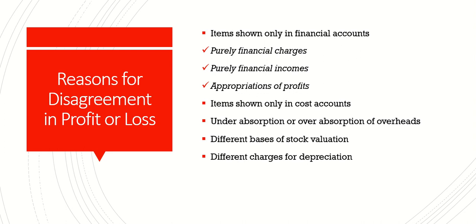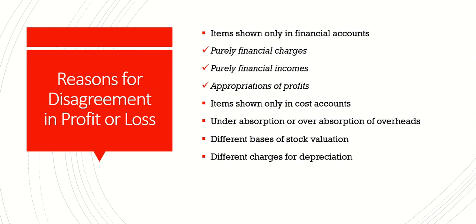The third reason is under absorption or over absorption of overheads. Overheads are your indirect expenses. In cost accounts, overheads are recovered at a predetermined rate, whereas in financial accounts these are recorded at actual cost.